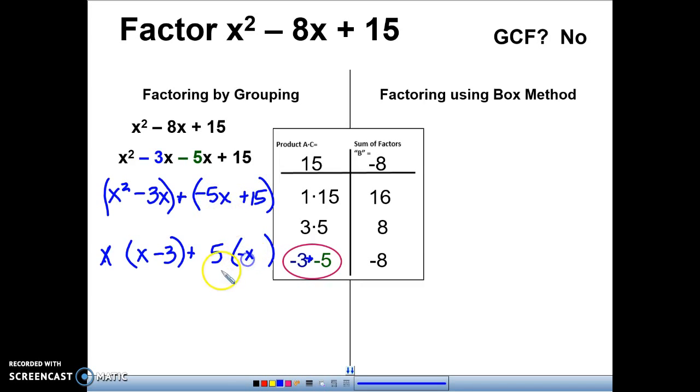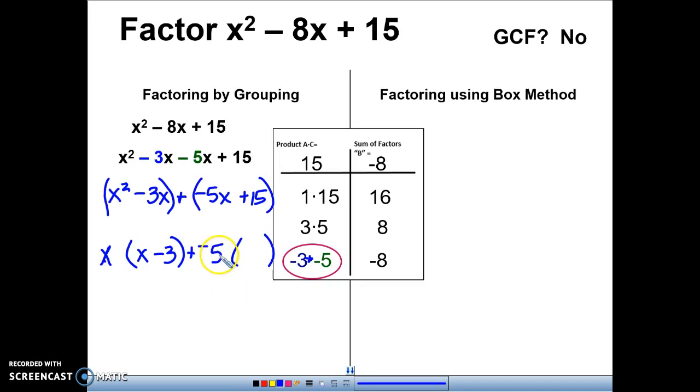That would be a -x. 5 times what gives you +15? That's a +3. We do not have common binomial factors here. These are opposite in sign of what we want right here. So to fix that, we're going to factor out a -5x, not a +5x. Let's make it negative.